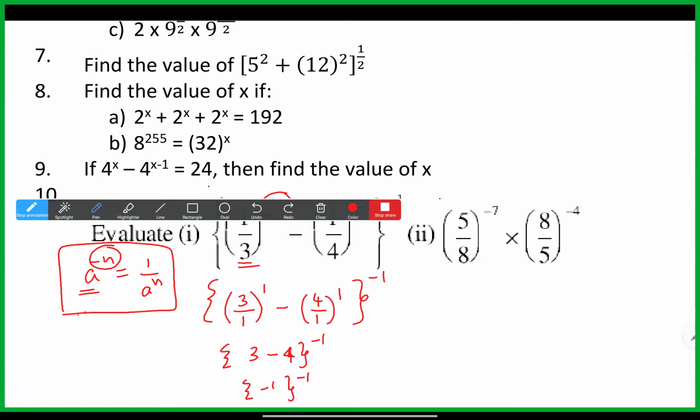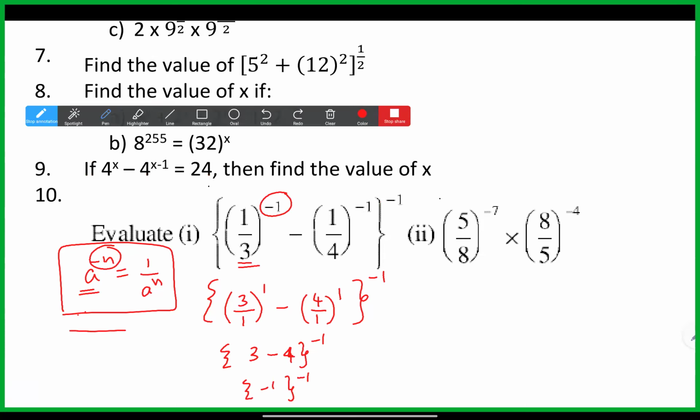So now again, it looks like this law only you have to apply. So what I have to write, can you tell? Sir, 1 by (minus 1) whole power 1. So 1 by minus 1 power 1.